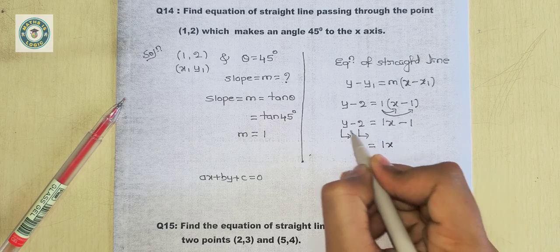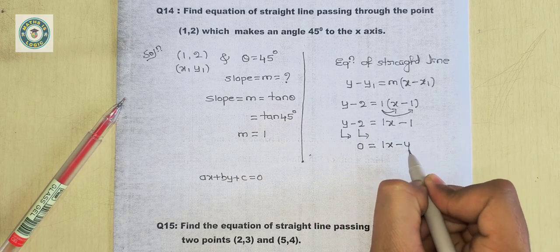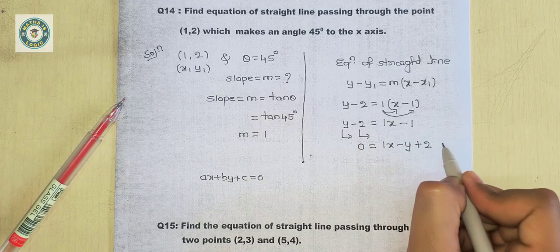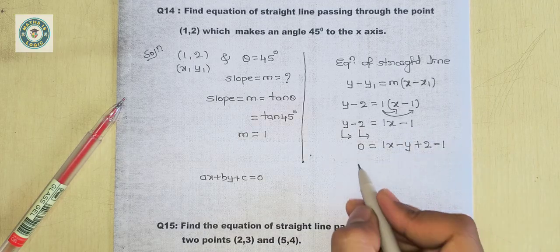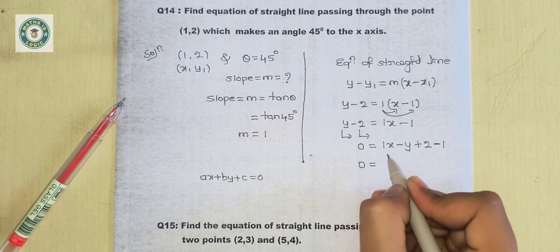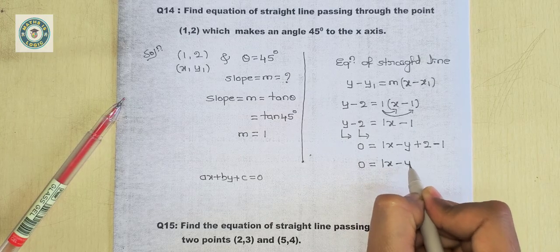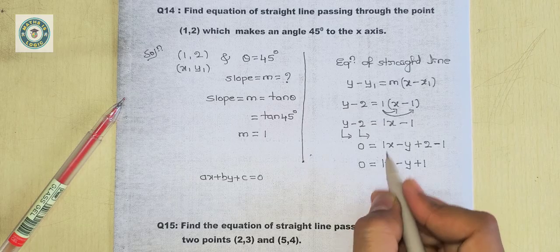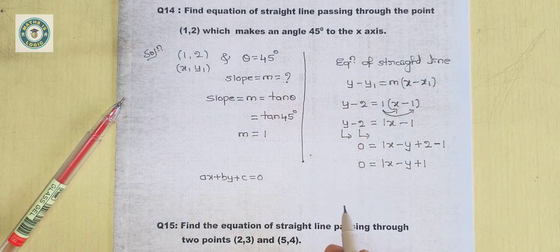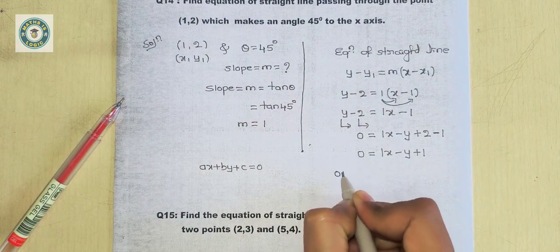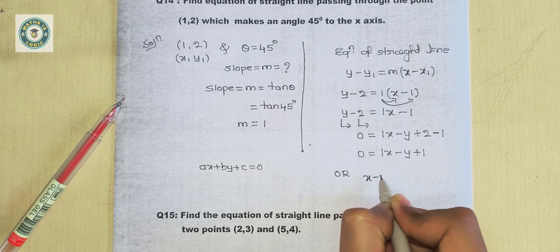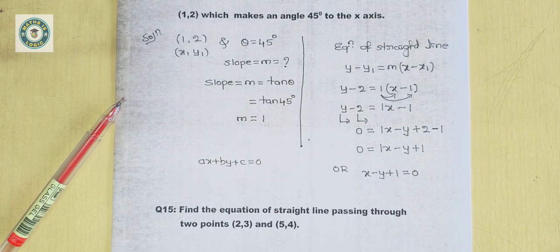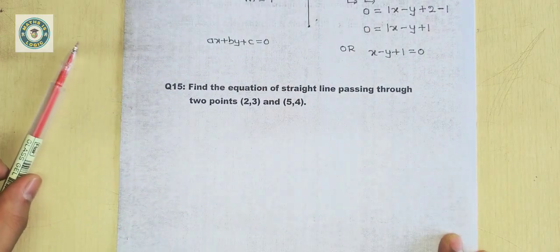So 1x as it is, plus y becomes minus y, minus 2 becomes plus 2, and already minus 1 is there, keep it as it is. Therefore 0 equals 1x minus y plus 2 minus 1, which is plus 1. So this is the required equation of the straight line. Otherwise we can write it as x minus y plus 1 equals 0.